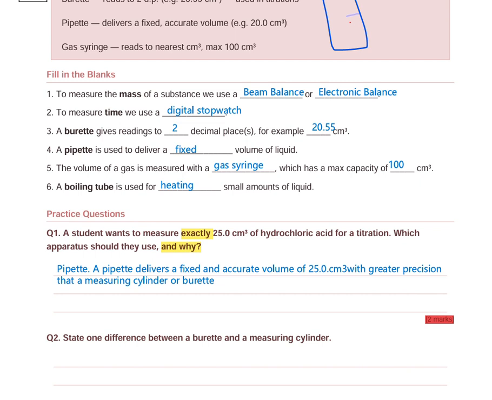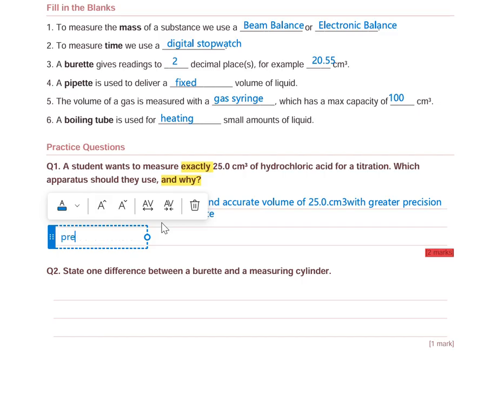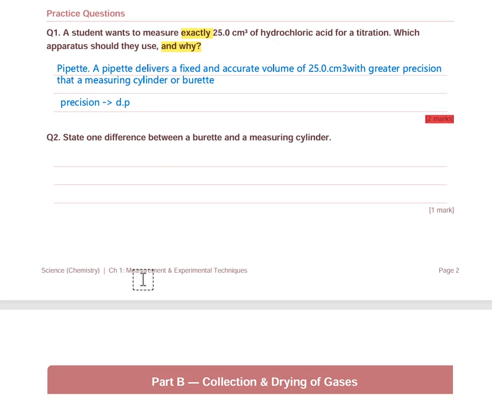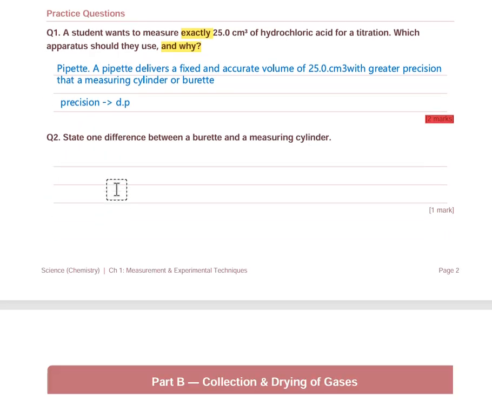If you don't want to write precision, there are alternative words you can use, like it's in decimal points or DP, whatever you call it. I think there are other ways, but I'm not quite sure. We'll stick to this answer because precision is the most scientific term I can think of right now.